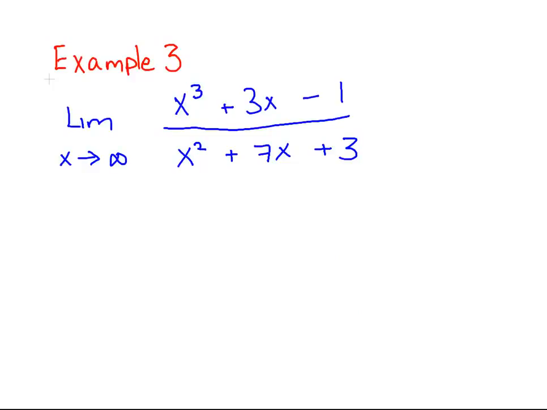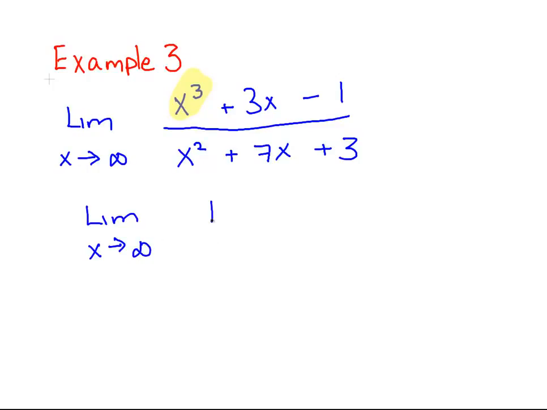One more, actually there's a few more of these. The highest power this time is x cubed. So what are we going to do here? Let's divide through by that, so by x cubed, as x goes to infinity.